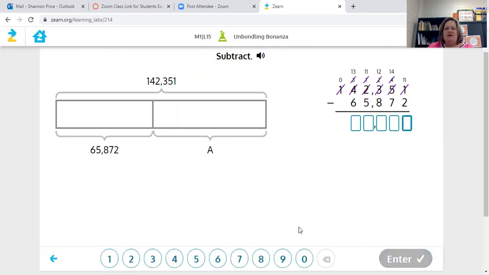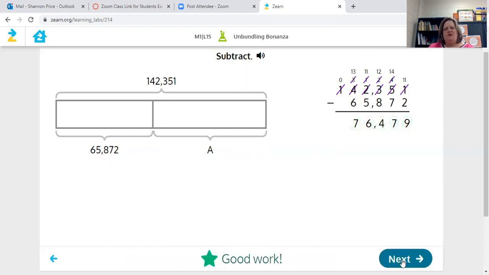So we're going to click in this box and we know it's 9. 14 minus 7, I know is a double. 7 plus 7 is 14. 12 minus 8, it's 4. 11 minus 5 is 6. Sure does make it easy when it's done for you. I know it gets a little confusing when you have to do it. 13 minus 6 is 7. Perfect.